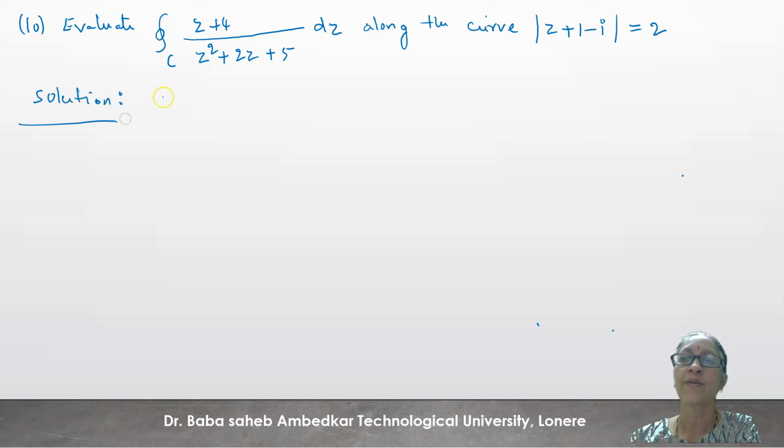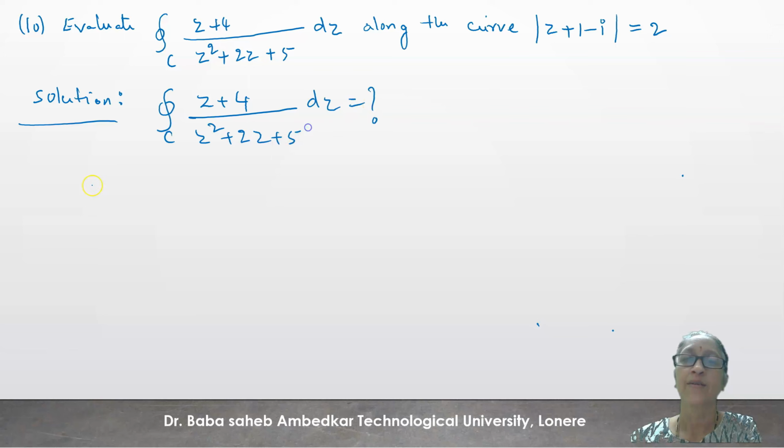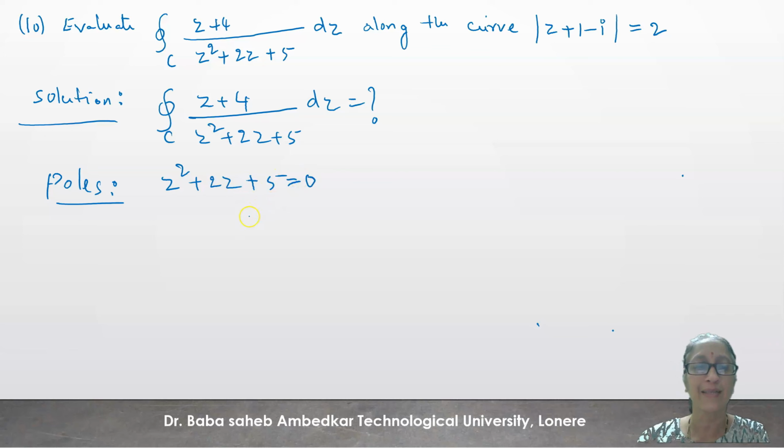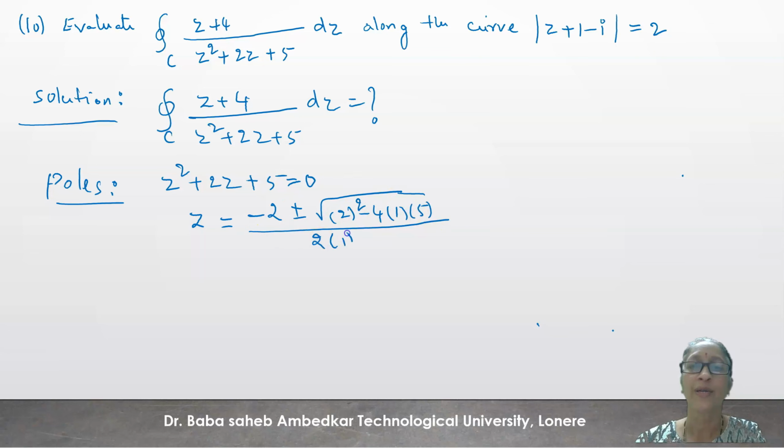Okay, so here first we have to find poles. To find poles, equate the denominator to 0. What is the denominator here? z square plus 2z plus 5 equal to 0. Here we can't factorize this directly, so use the formula method to find the value of z. Minus b plus or minus square root of b square minus 4ac upon 2a, upon 2 into 1.